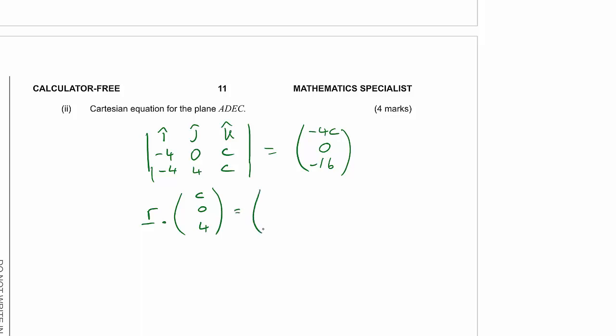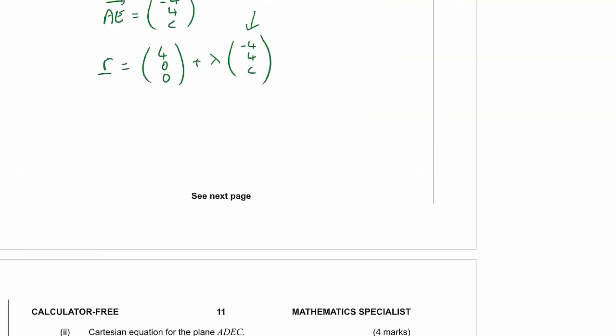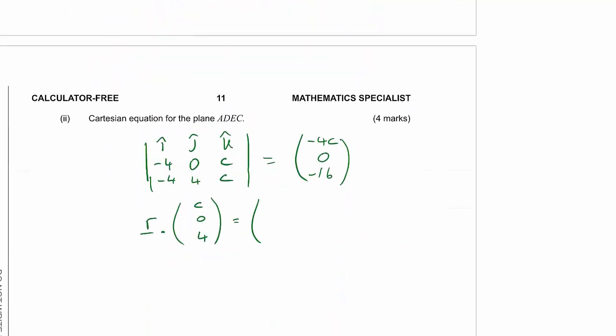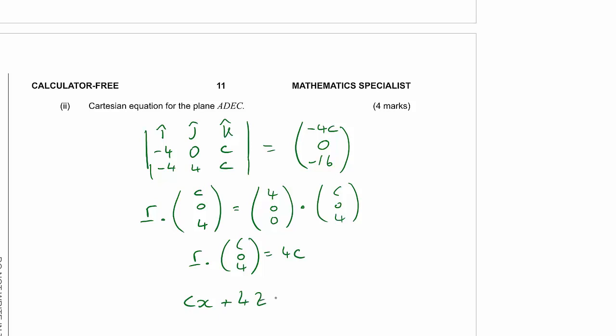And we know that A is a point on that plane, and A was (4, 0, 0) dot (c, 0, 4). So we've got r dot (c, 0, 4) is equal to 4c, and we wanted that in Cartesian form, so that would be cx + 4z = 4c.